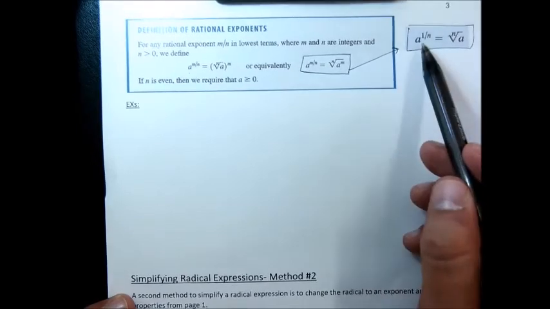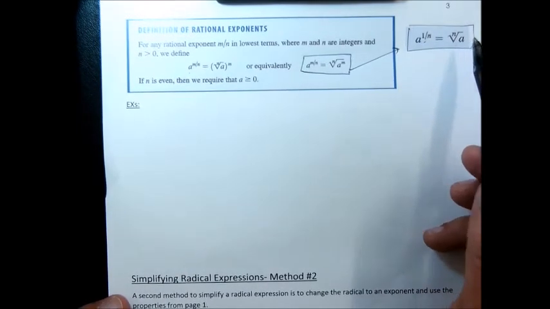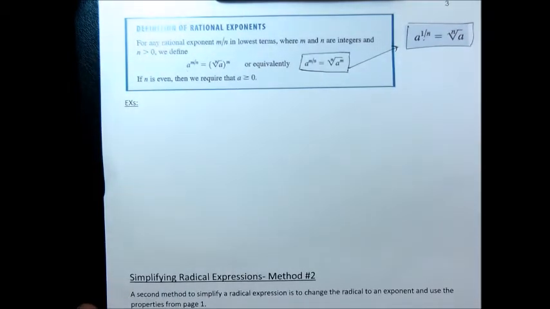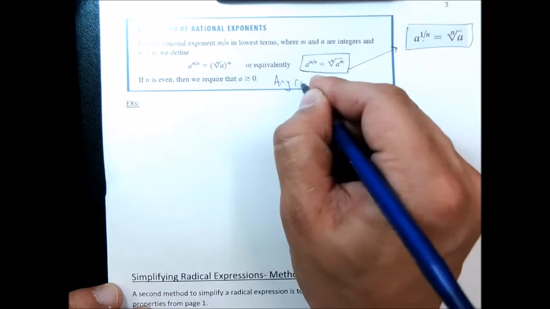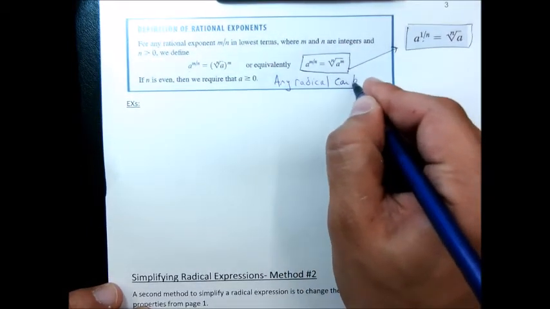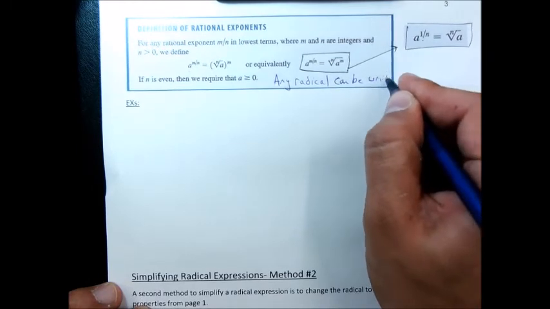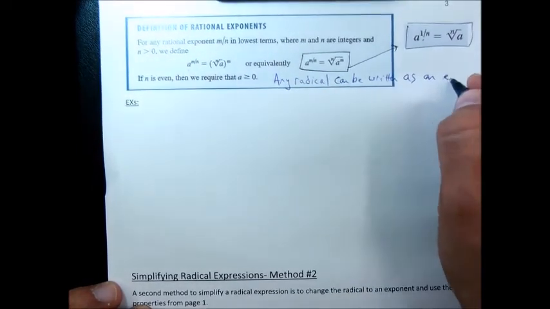So if we have a to the 1 over n, that's the same thing as the nth root of a. So the whole point of this box here is really just showing us that any radical can be written as an exponent, and should be, when you're trying to simplify things.